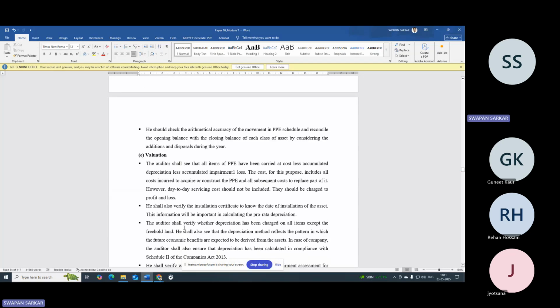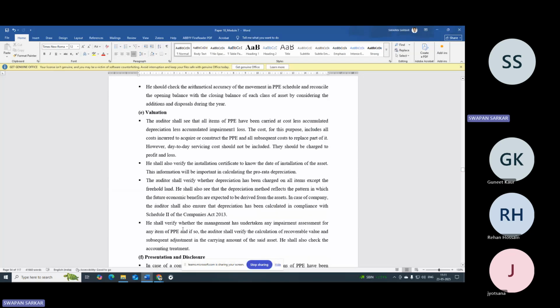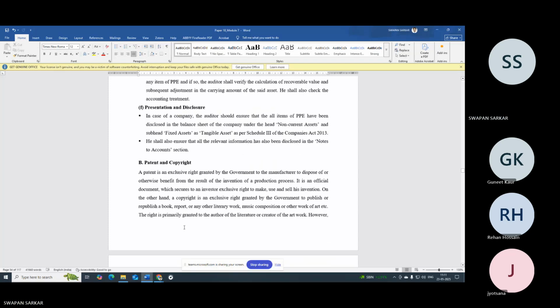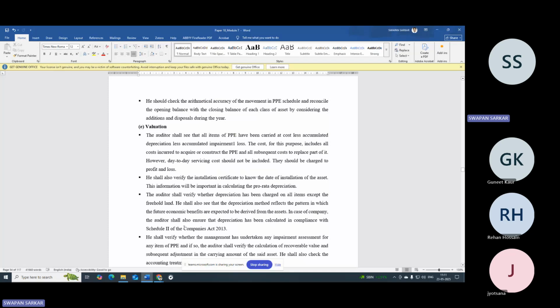Next is valuation. The auditor shall see that all the items of PPE have been carried at cost plus accumulated depreciation less accumulated impairment loss. The cost for this purpose includes all costs incurred to acquire or construct the PPE and all subsequent costs to replace part of the PPE.